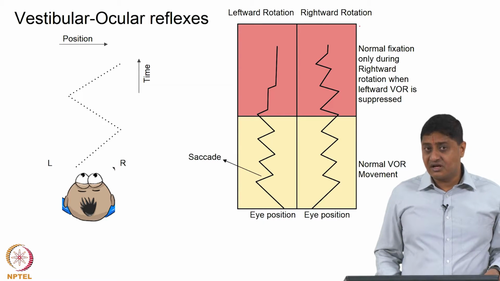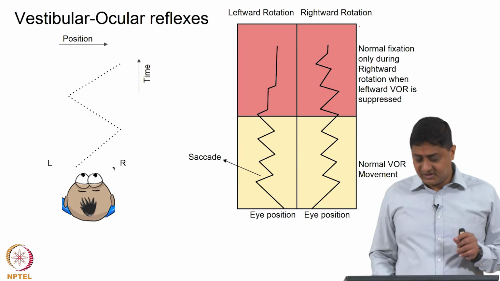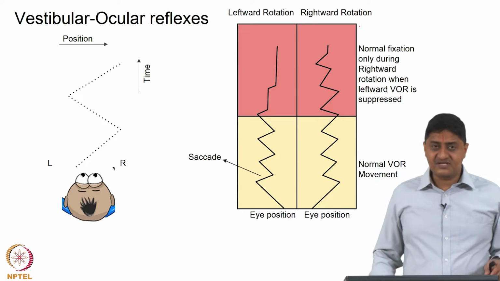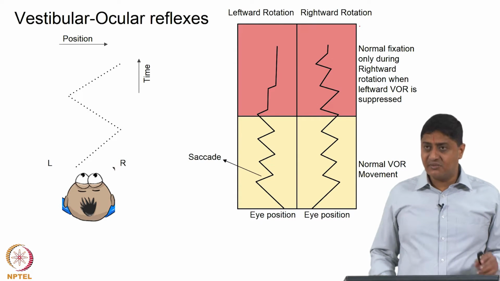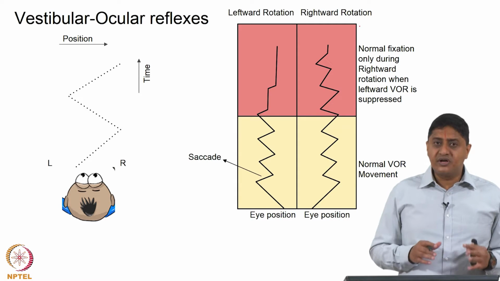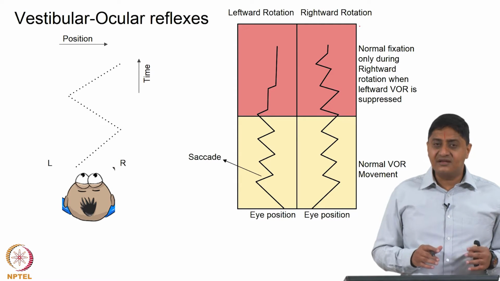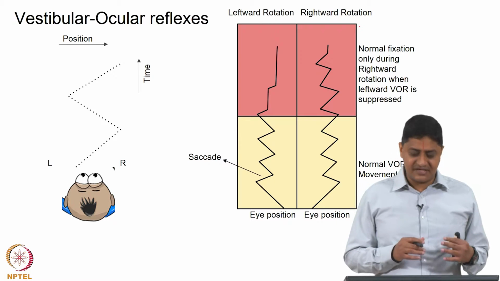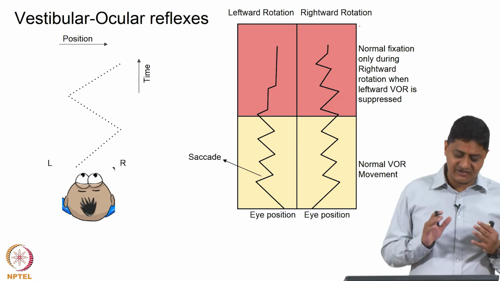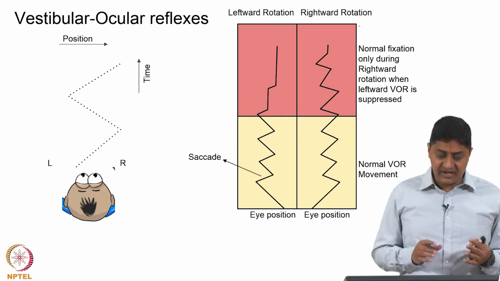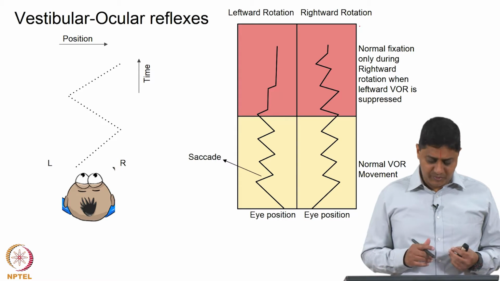So, the lesion of the vestibular cerebellum is on the left side. We have seen in the previous classes that the cerebellum controls or coordinates functions on the same side of the body, or ipsilateral. So, if the lesion is on the left side of the body, then the left side function is going to be compromised.